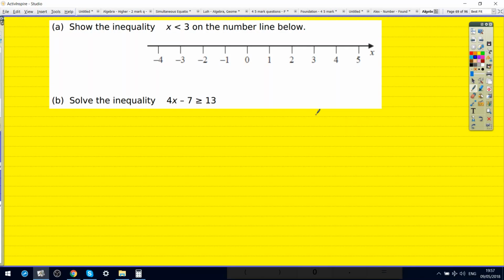You would put a circle over 3. And then any idea how you show less than? An arrow going towards minus 4. Yeah, so an arrow pointing to the left. That's it.